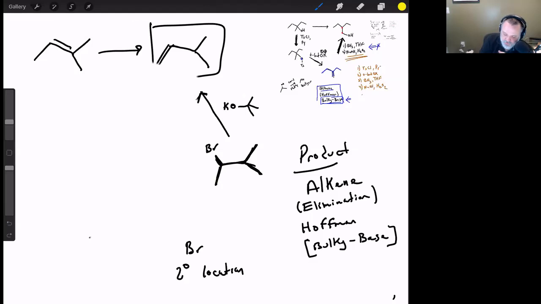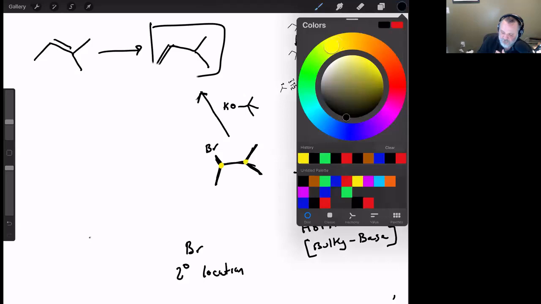We could have anti-Markovnikov addition of that bromine in that location if the double bond were between the two yellow dots, and that leads us to a new and unique reagent. So that seems like it might be a good step.